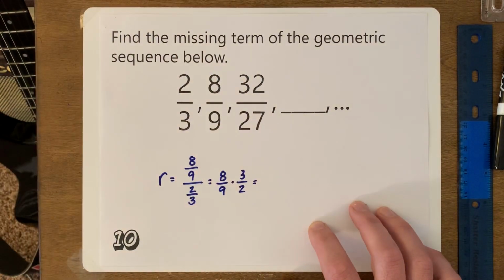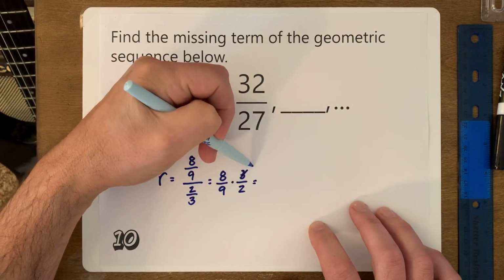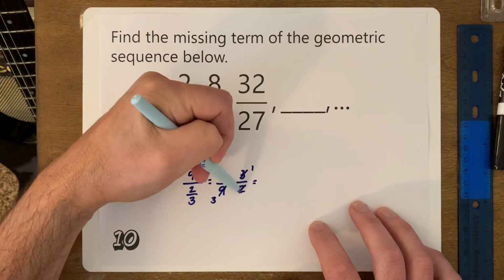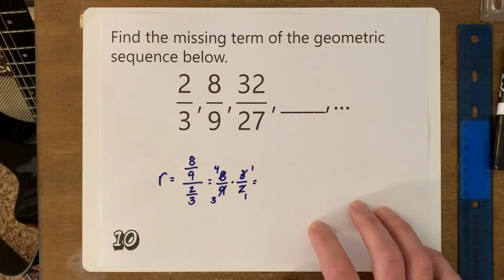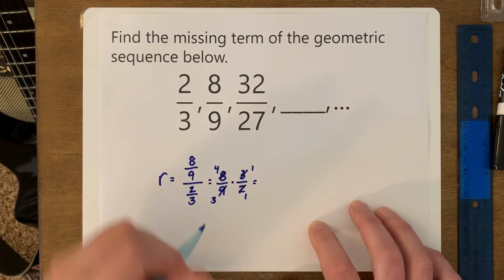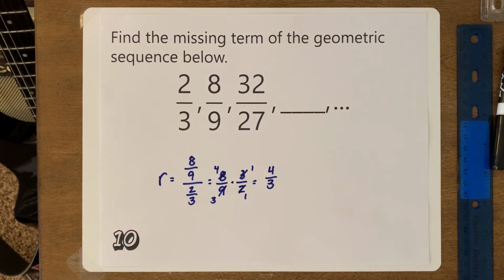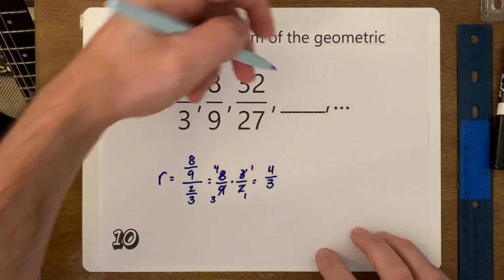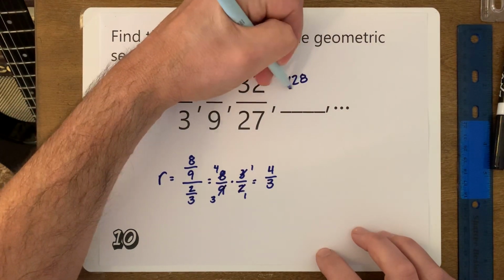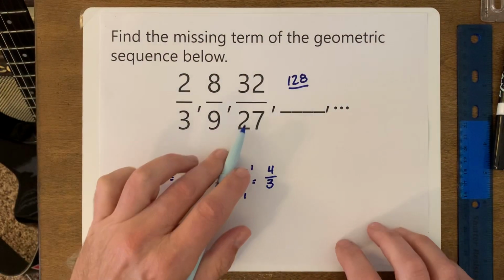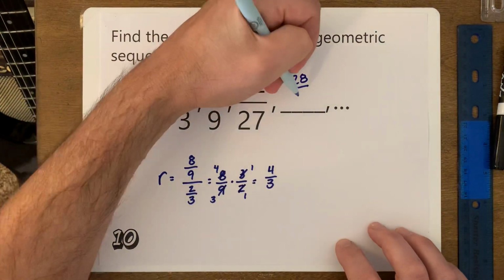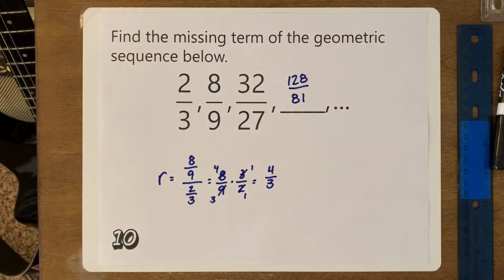And that would be, let's cancel some stuff out here. 1, 3, 1, 4. So it looks like it's 4/3. 4/3 is our common ratio. And so now we need 32 times 4, and that's going to give us 128. And 27 times 3 would be 81. And that should give us our new next term.